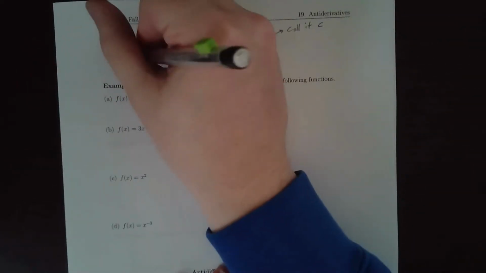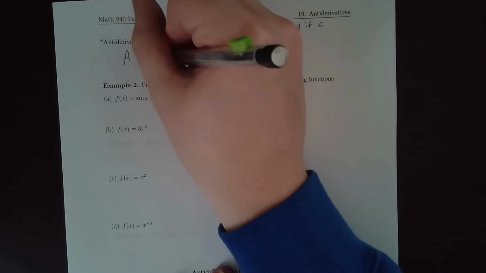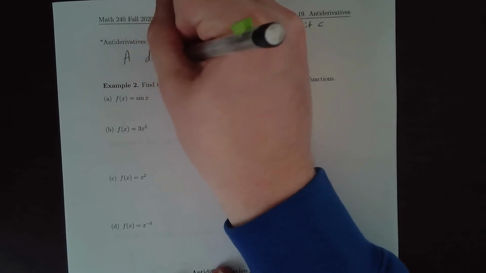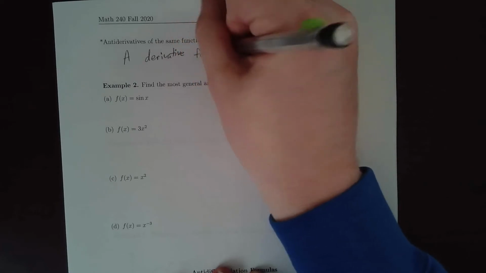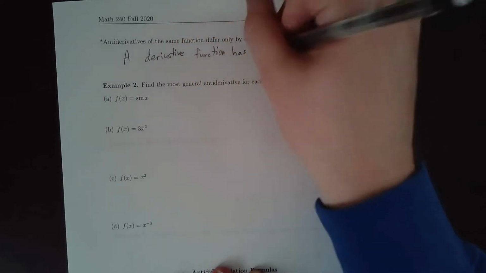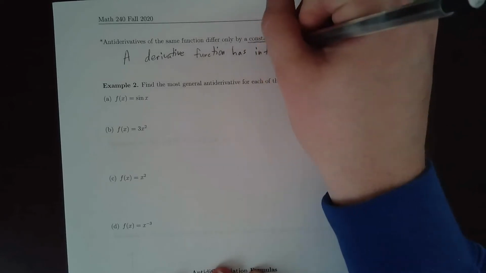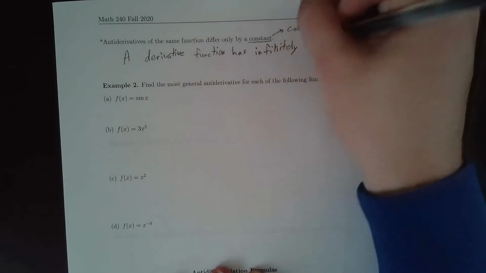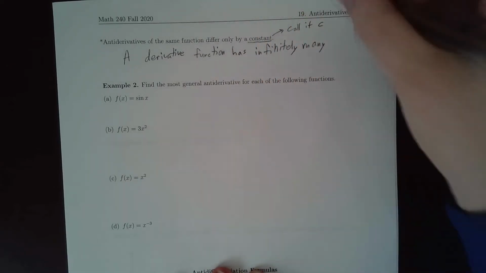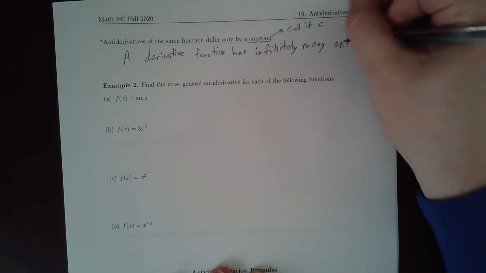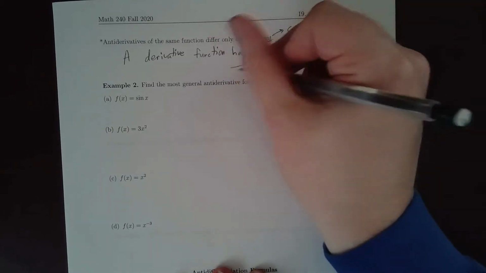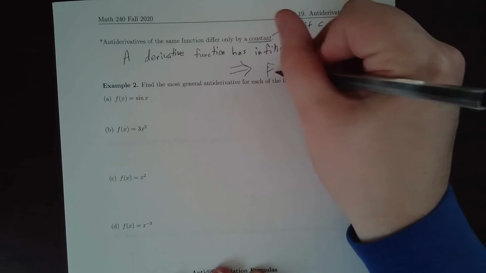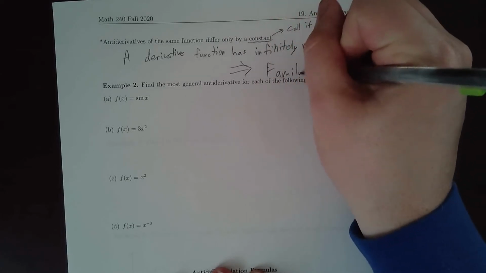So what we know is that a derivative function has infinitely many antiderivatives, and we call them a family of antiderivatives.